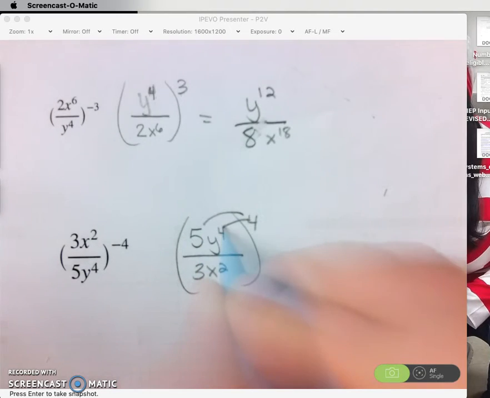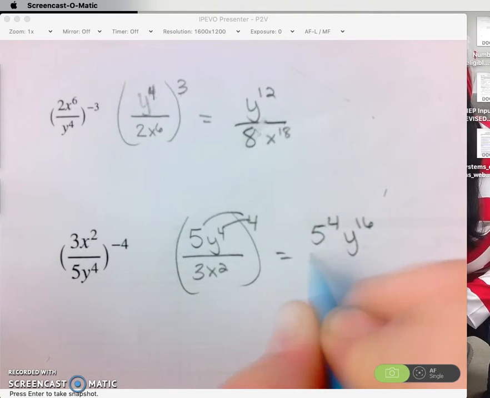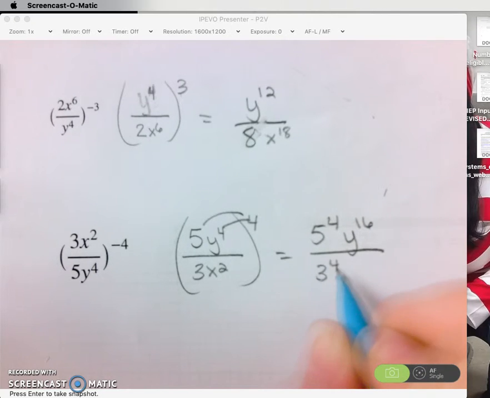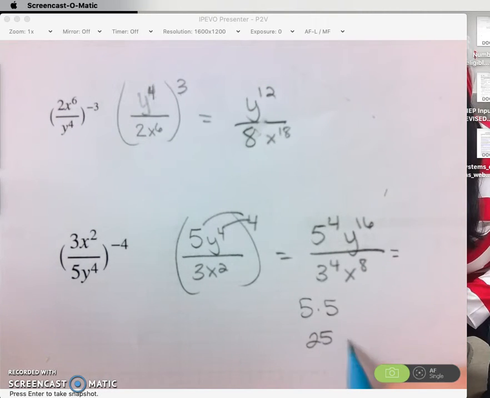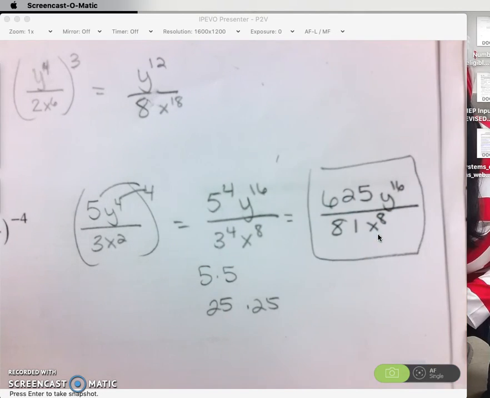Okay, so we have 5 to the fourth, y to the 16th, 3 to the fourth, x to the 8th. 5 times 5 is 25, times 25, that's 625. 5 to the fourth is 625, y to the 16th, 3 to the fourth becomes 81, x to the 8th. That's your final answer.